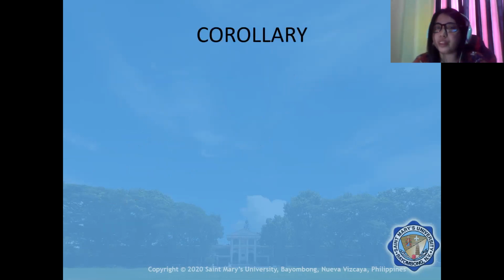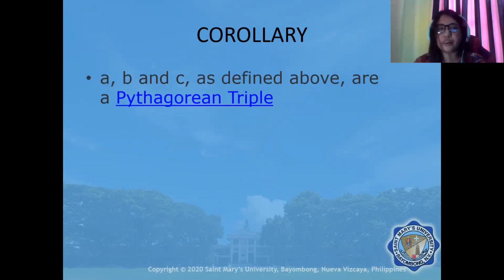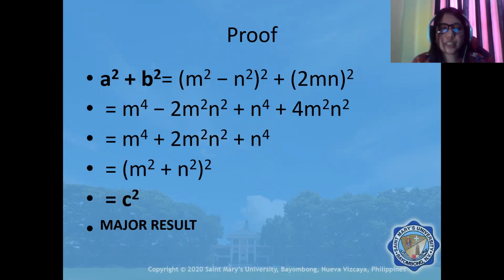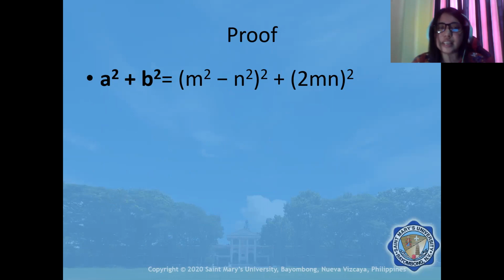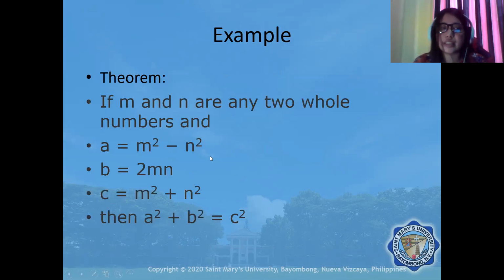Now, how about the corollary? For the corollary, let's say A, B, and C as defined above are Pythagorean triples. The Pythagorean triples that we are referring to here are the values of A, B, C, where A is equal to m squared minus n squared, B is equal to 2mn, and C is m squared plus n squared.